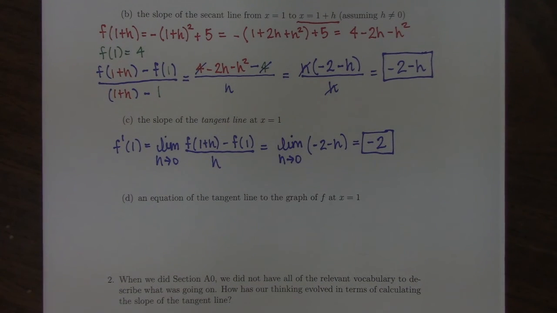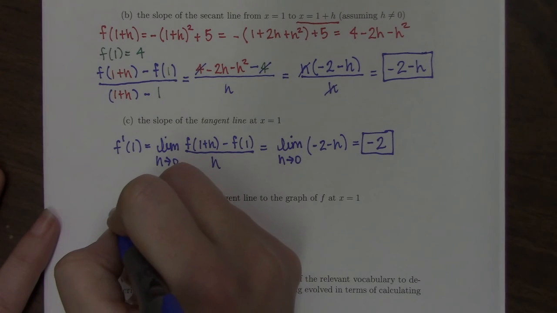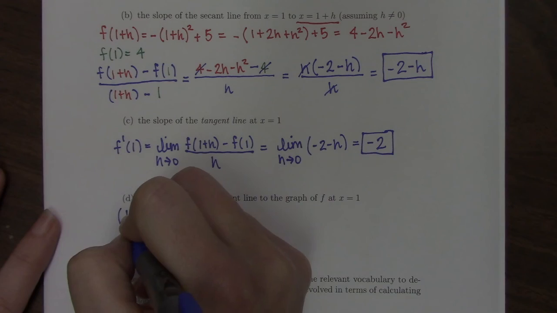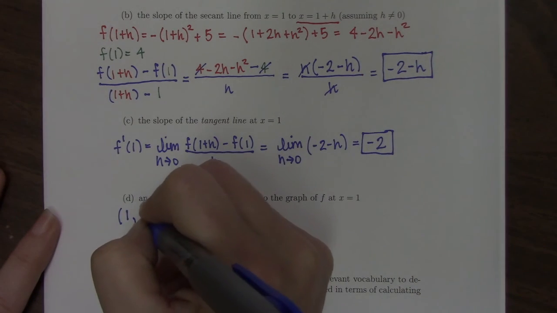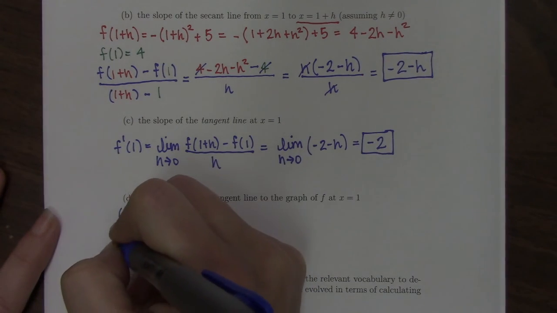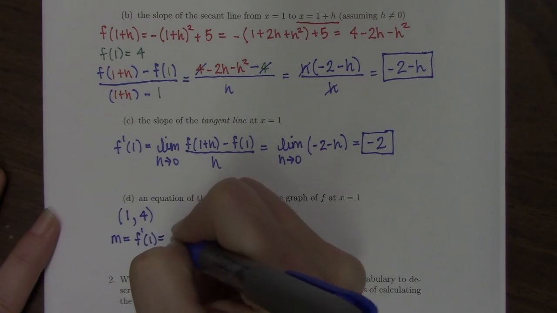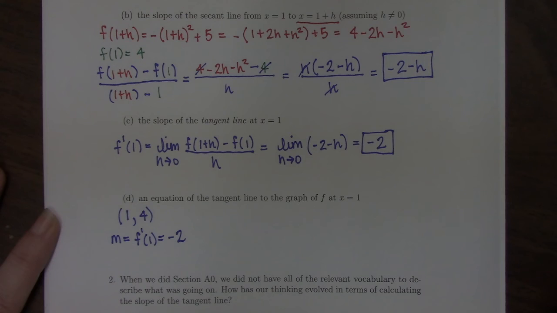Part D says we'll now write the equation of the tangent line to the graph at x equals 1. So our point that we're going to use for our point slope formula is 1 comma f of 1, which was 4. The slope of our line is going to be f prime of 1, which we just found to be negative 2.